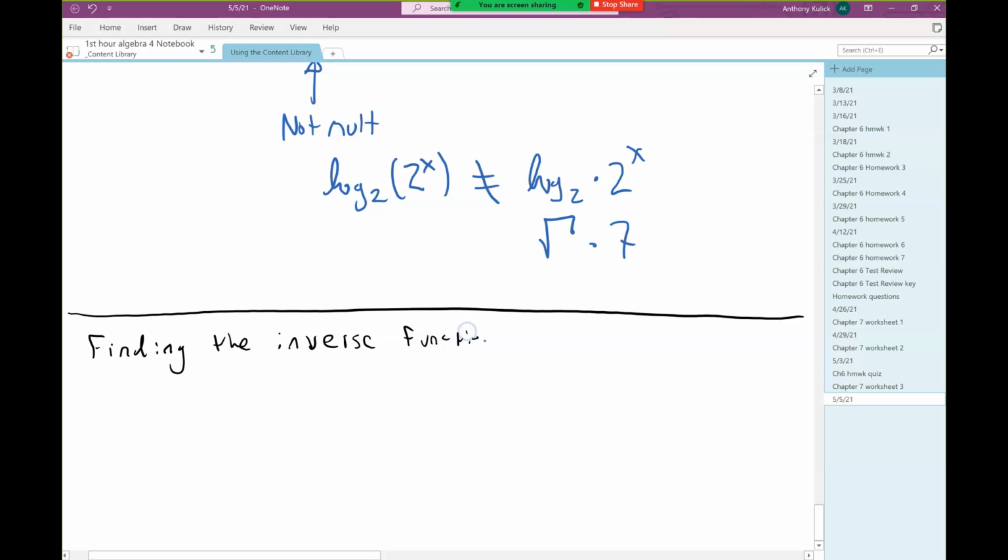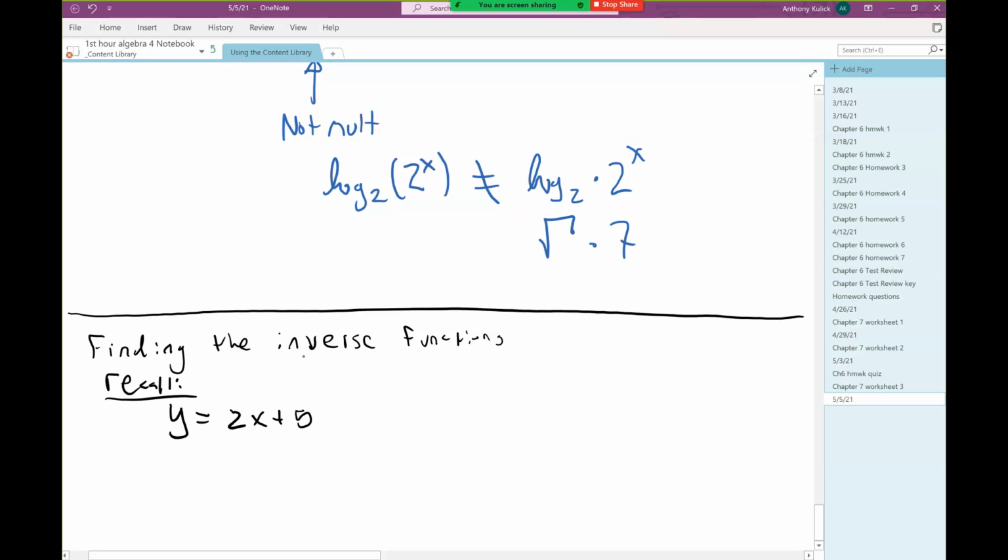Let's look at finding some inverse functions. So this was something that we've done in first semester. So let's say that we wanted to find the inverse of y equals 2x plus 5.